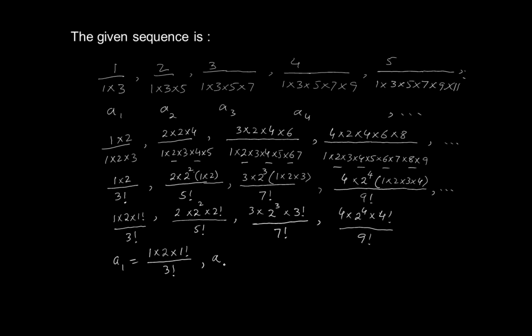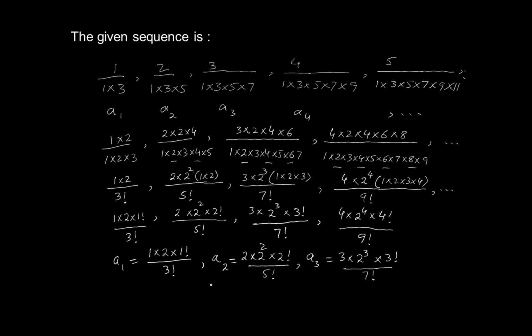Second term is 2 multiply 2 power 2 multiply 2 factorial and then 5 factorial, and then in the third term, this one, 3 multiply 2 power 3 and 3 factorial divided by 7 factorial.